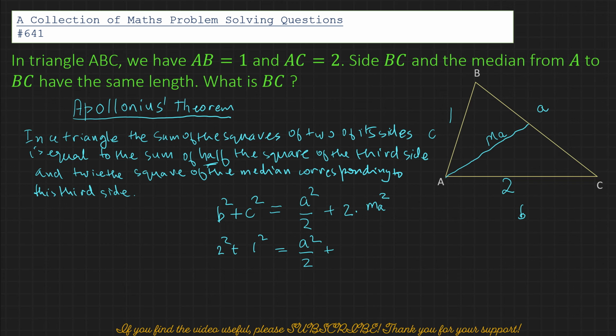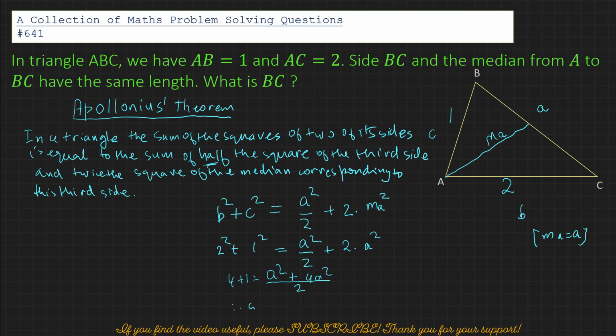You see, MA equals A, because the median from A to BC has the same length as BC. So we can write this as 2A square. Therefore 4 plus 1 equals A square plus 4A square divided by 2.